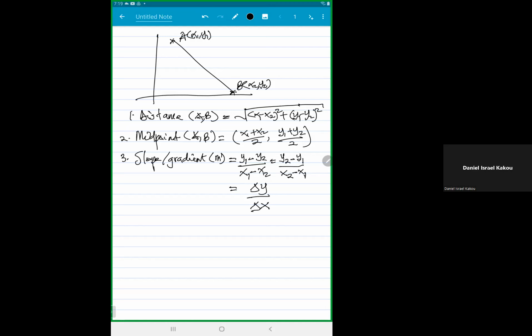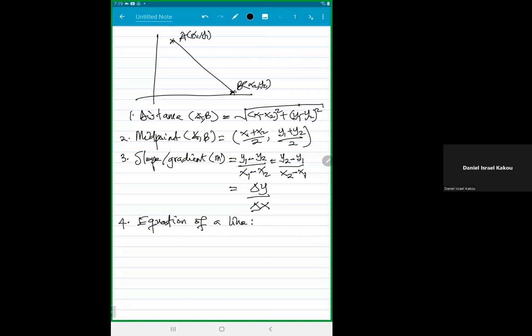And the most common of all the formulas, though yet to be discussed, is the equation of a line. The equation of a line is always derived from the gradient of a line.